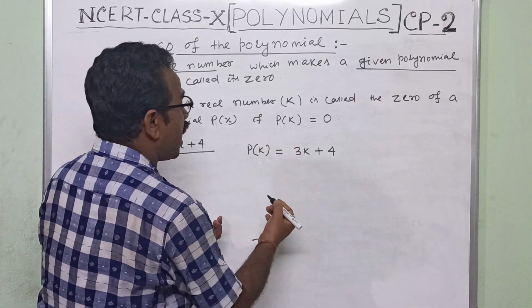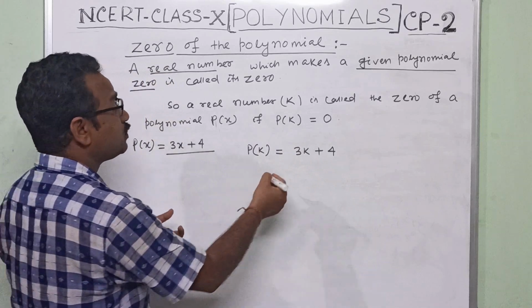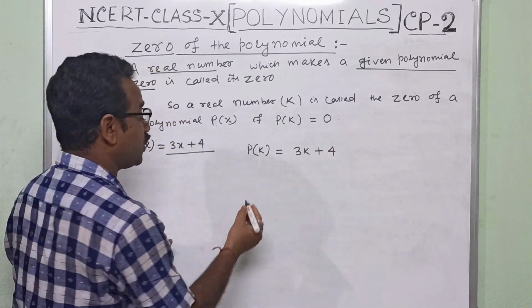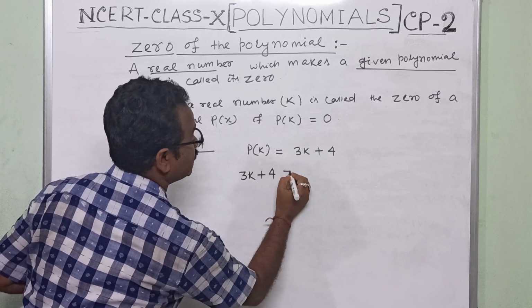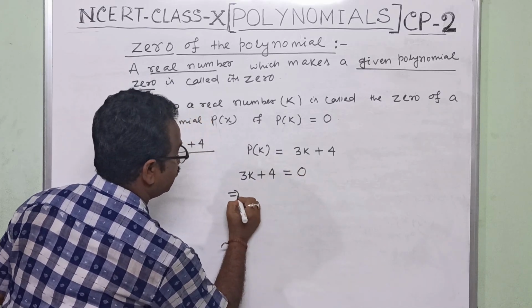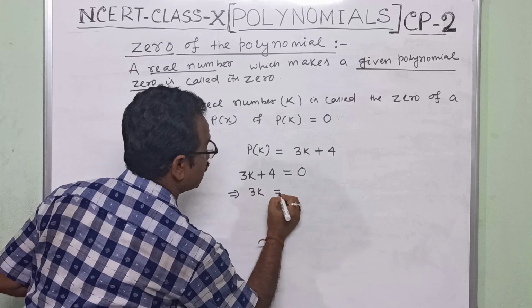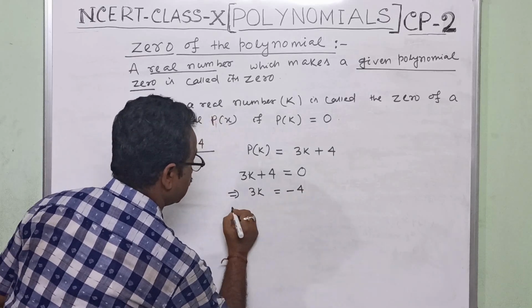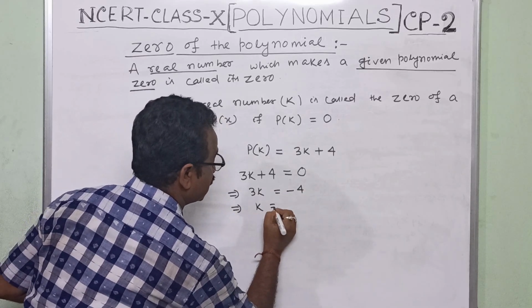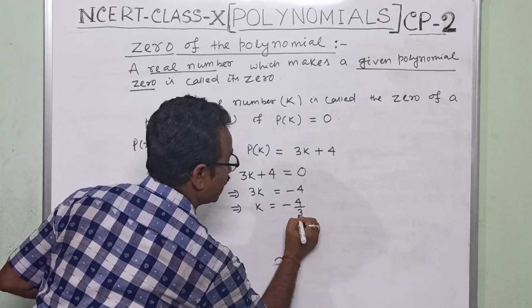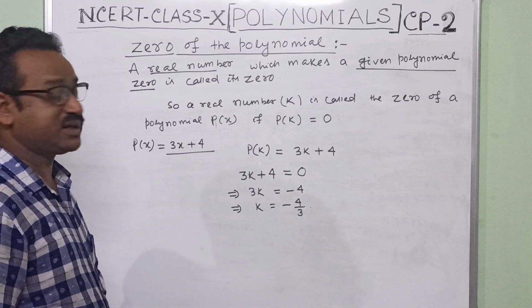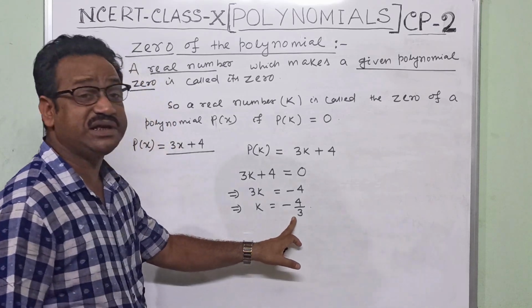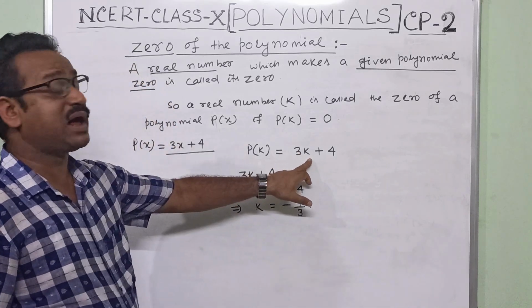Now how do we get the zero? By equating it to 0. So 3k + 4 = 0, that implies 3k = -4, that implies k = -4/3. So the value of k is -4/3.